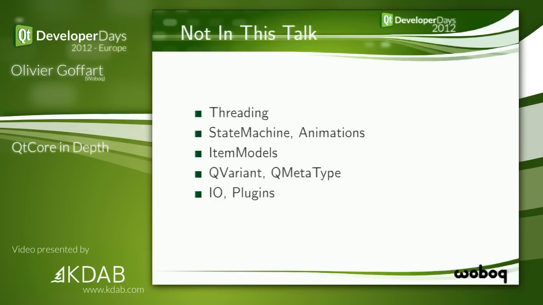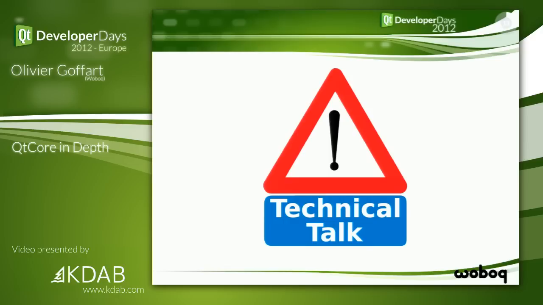There is a talk about QVariant and QMetatype later today. This is going to be a technical talk. I'm going to show the real source code of Qt, and we'll see how some things are implemented, which might help you develop applications with Qt, knowing a bit about how it works and what to do and not to do.